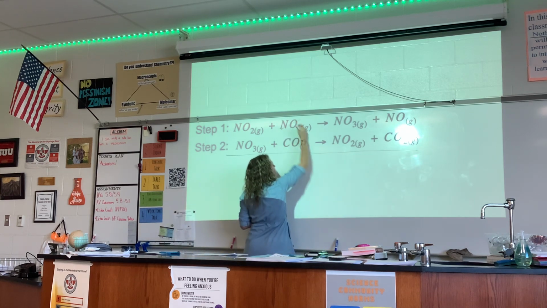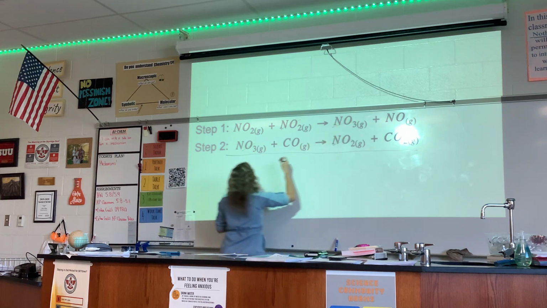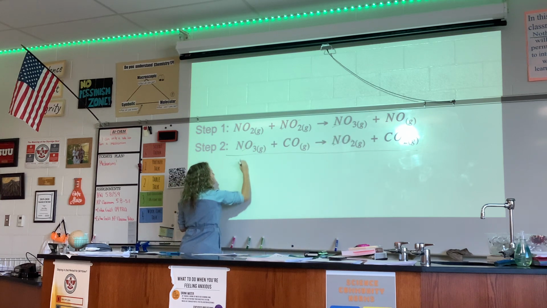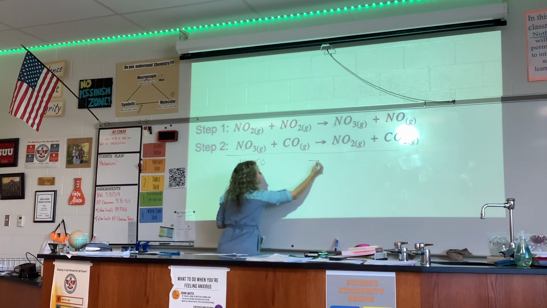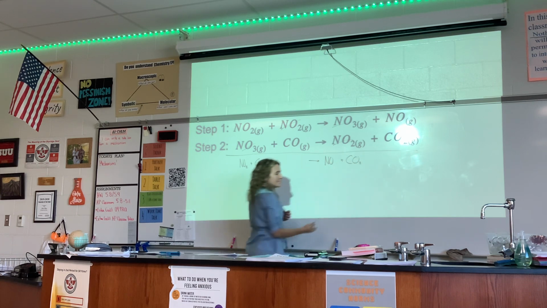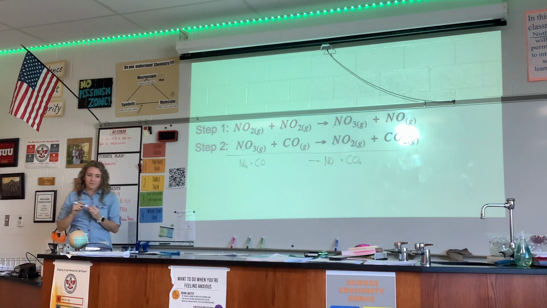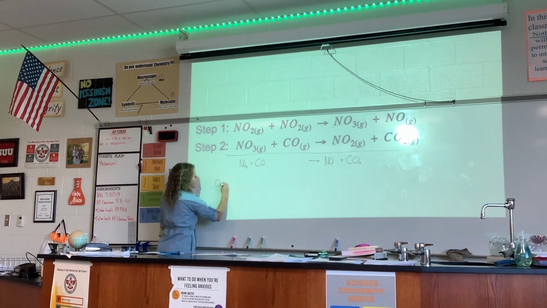NO2 gets canceled, NO3s are intermediate, so my overall reaction ends up being NO2 plus CO turning into NO and CO2. So just like from last time, writing that overall reaction from a mechanism. What the question wants us to find, though, is the overall rate law.